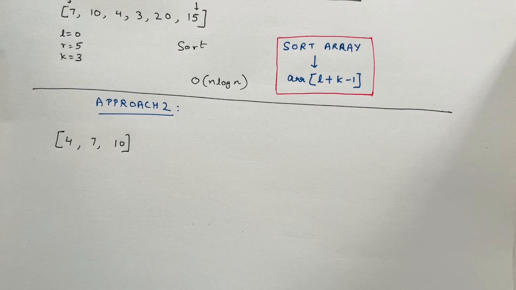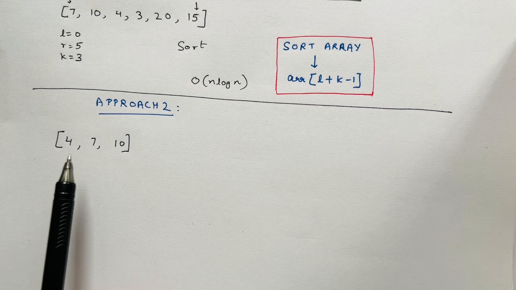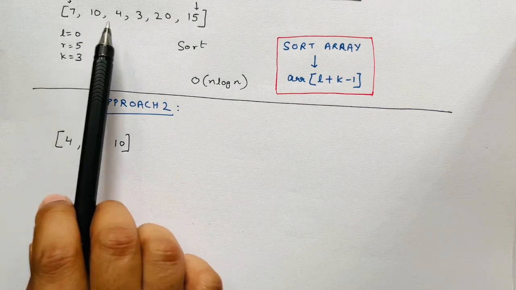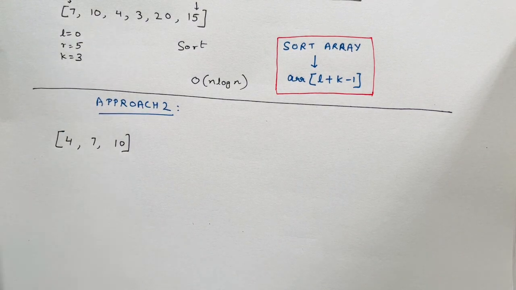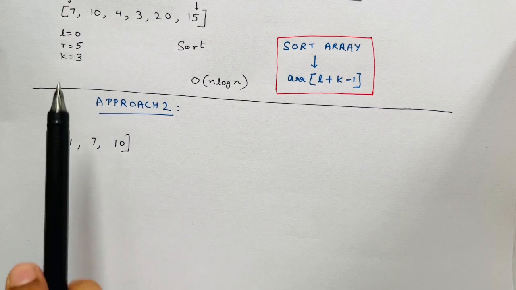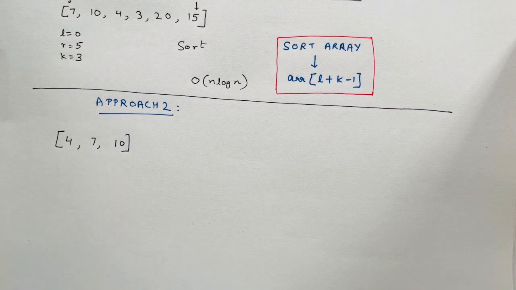Now that we know that sorting the whole array is inefficient, what we can do is keep only k elements sorted, the smallest k elements. So let's say we saw the first 3 elements of the array, we sorted them. Now till the first 3 elements, the third smallest element is 10.